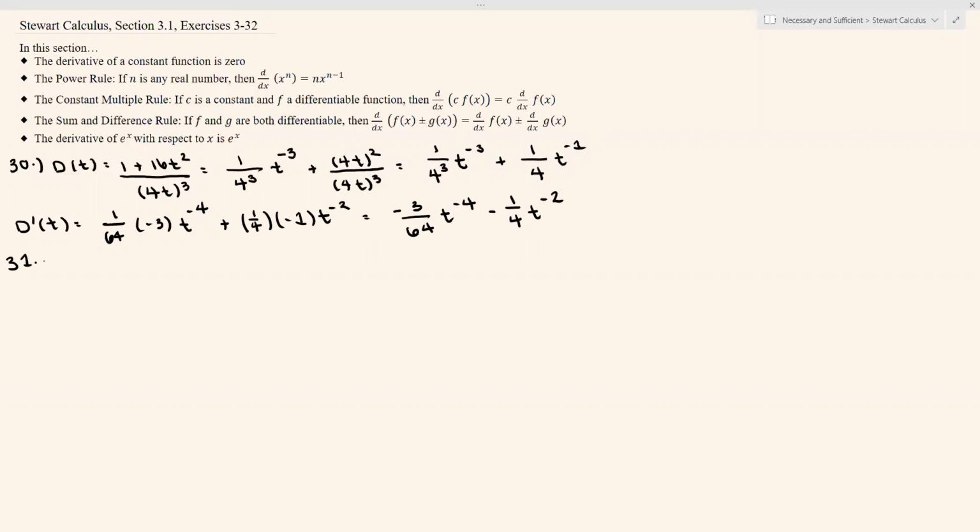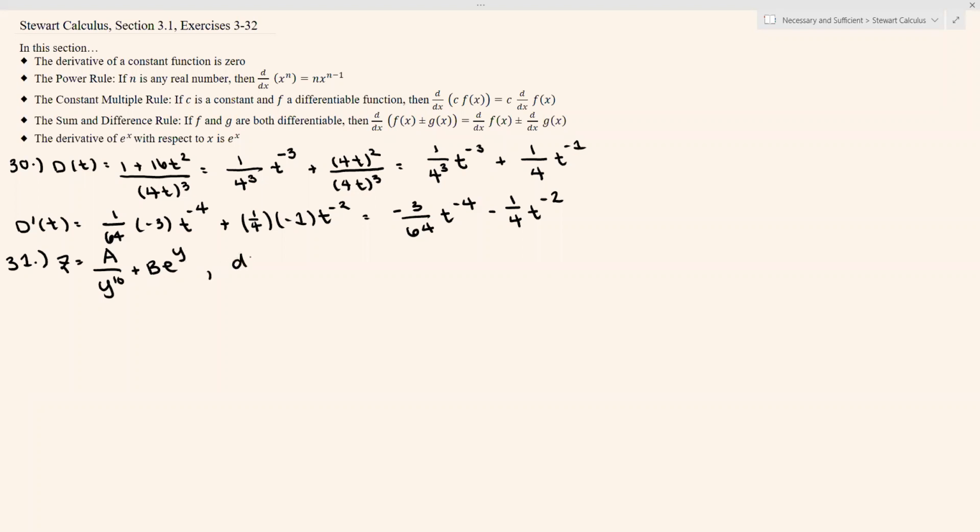Let's do problem 31. Problem 31 is saying z is equal to a divided by y to the power of 10 plus b e to the power of y. Once again, a and b are just constants.